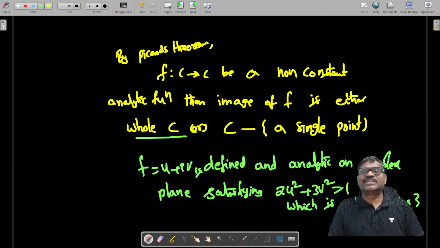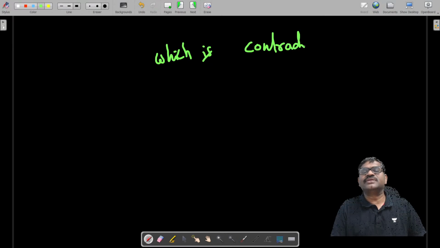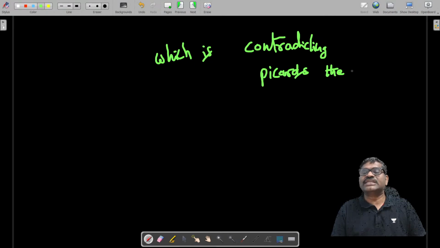Therefore, you can understand that our statement is contradicting Picard's theorem. Since it is contradicting Picard's theorem, you can understand that it is not non-constant function.